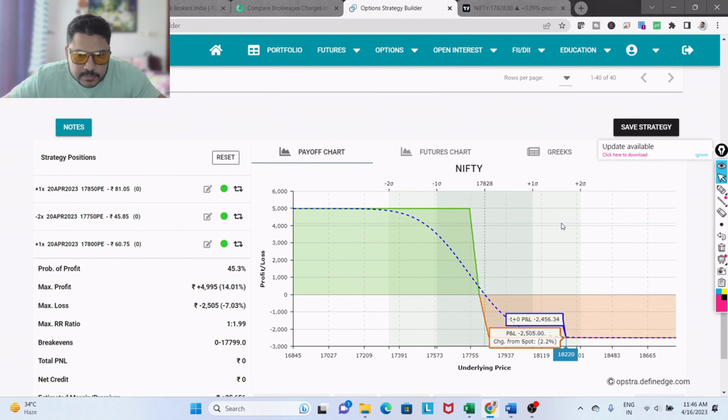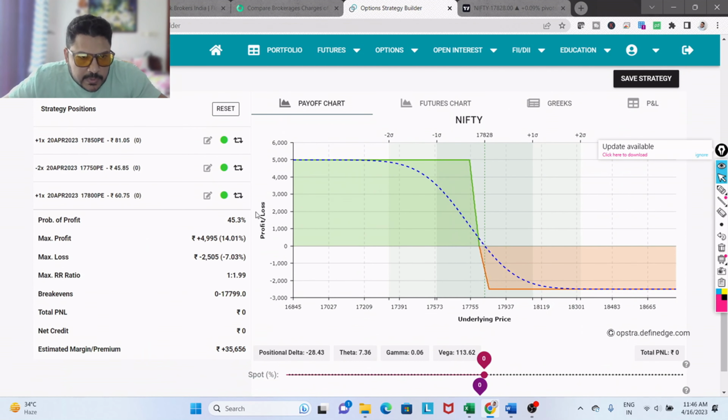Okay, simple. So this is how it will look. 1 put we bought at 17,850, 17,800, 17,750. So here you have a 1:2 trade, max loss is 2,500, and you're using about 35,000 capital.